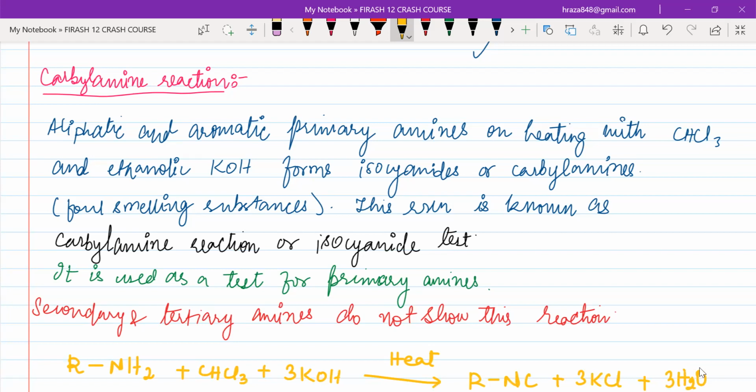I think it's very easy. Then we will go for reaction with nitrous acid, and reaction with sulfonyl chloride. Let's see.